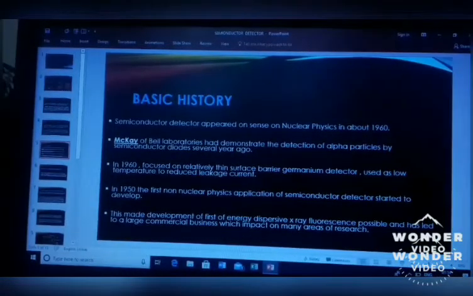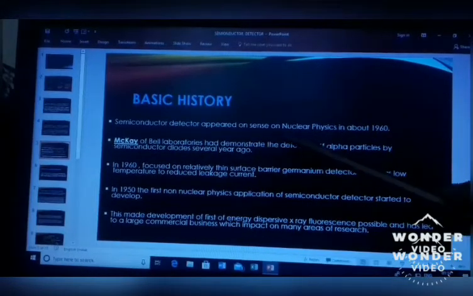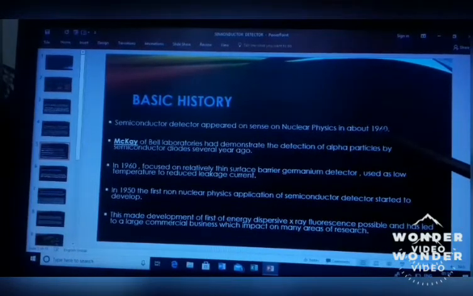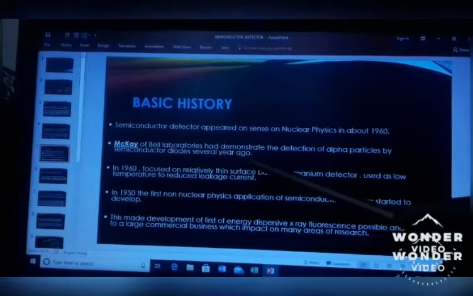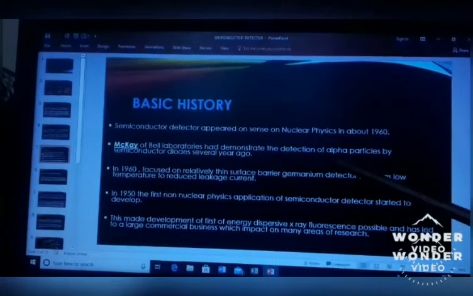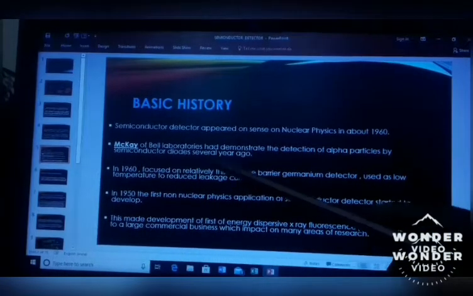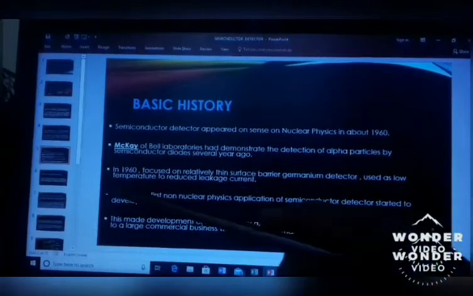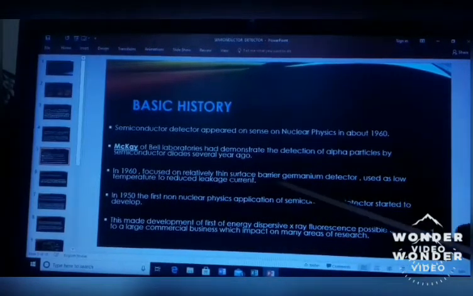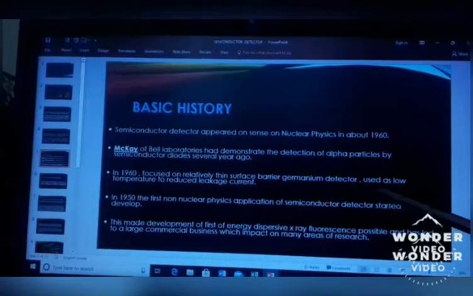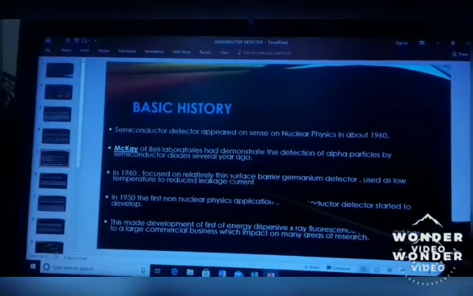Now the basic history. Semiconductor detectors appeared on the scene of nuclear physics in about 1960. Mikey of Bell Laboratories had demonstrated the detection of alpha particles by a semiconductor diode several years earlier. In 1960, focus was on relatively thin surface barrier germanium detectors used at low temperature to reduce leakage current.